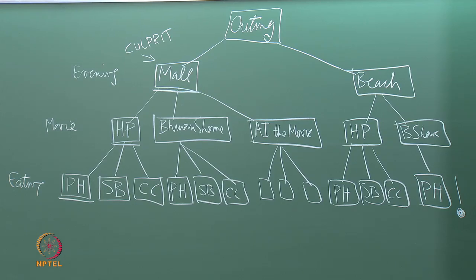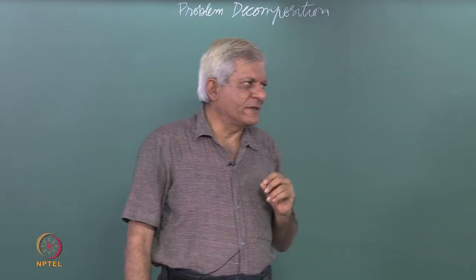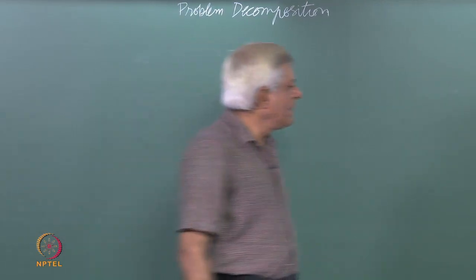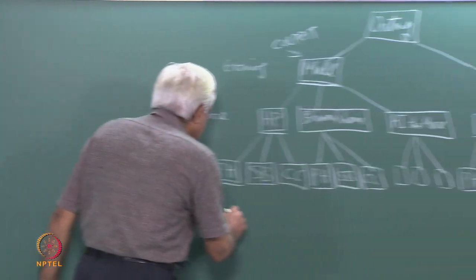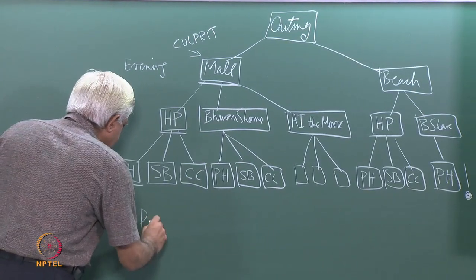So, there are basically two approaches to addressing this difficulty. One is called dependency directed backtracking.